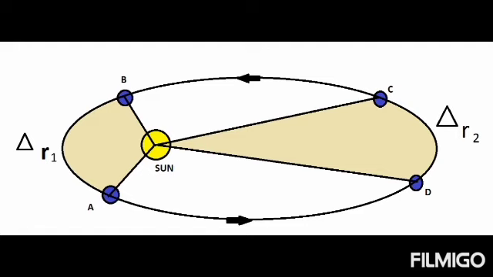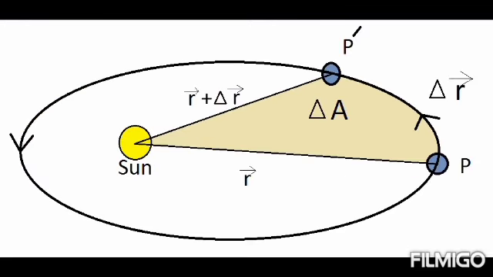Now, as both areas have been swept in equal time intervals t, both the areas will be the same. That is, the areal velocity of the planet will be constant. This is Kepler's second law.